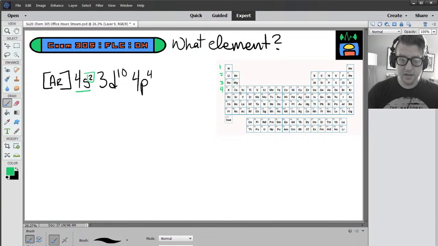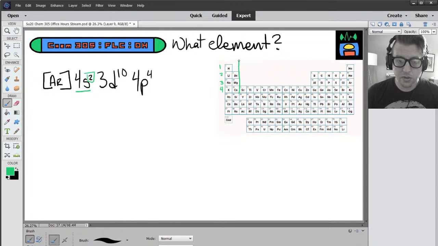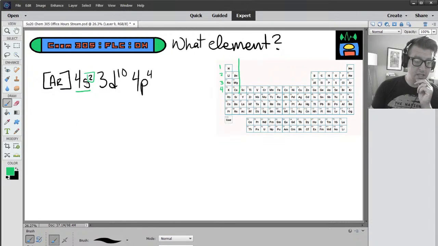And when you see that you have 2 electrons in the 4s orbital, that means, starting from the very end, you're going 1, 2 spaces in, right to the s block.